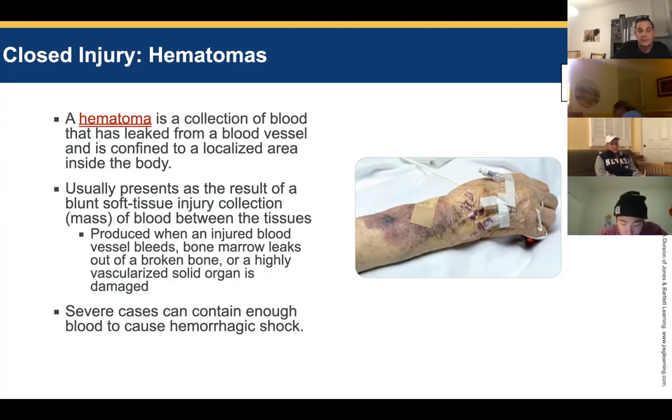So if you're not sure if it's old or bruised, that's one of the ways that you can figure out if it's actively bleeding under the skin: just mark the edges of it. Okay, we need to be concerned about how much blood they're losing, and we really can't tell how much blood they're losing in there. So we have to be concerned about hemorrhagic shock.